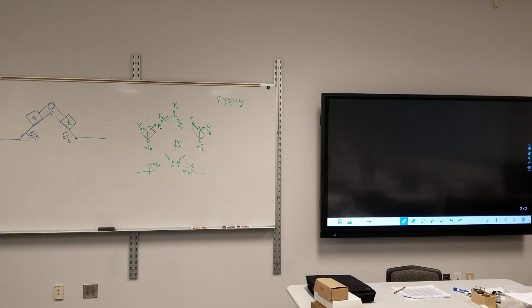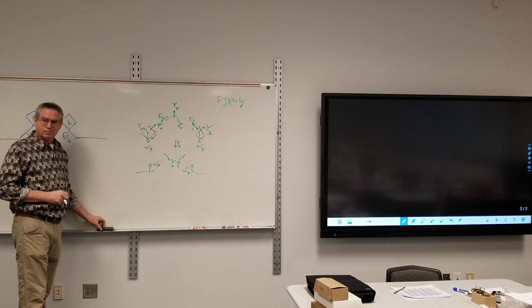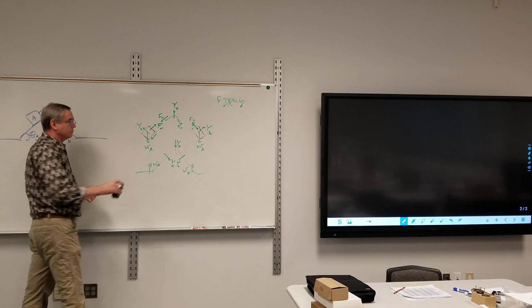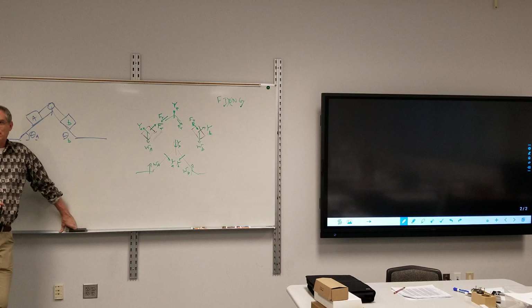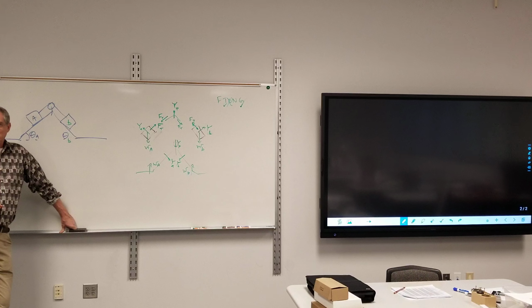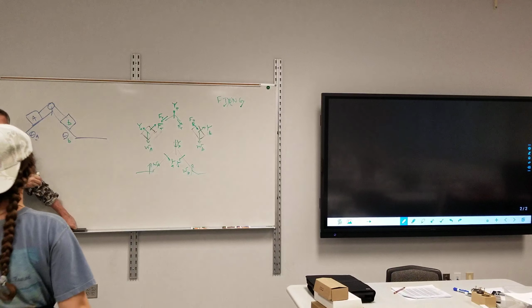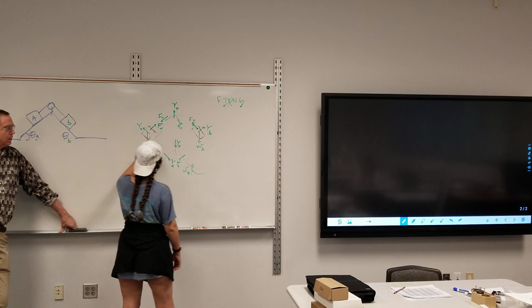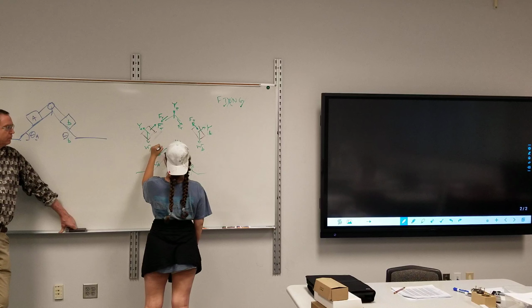Wait, so everyone okay with that? Which way did she say? Can you repeat that? She said it would be going that way. No, that's not what I said. I said down and to the left on A. So that's on the ground, it's going down and to the left?